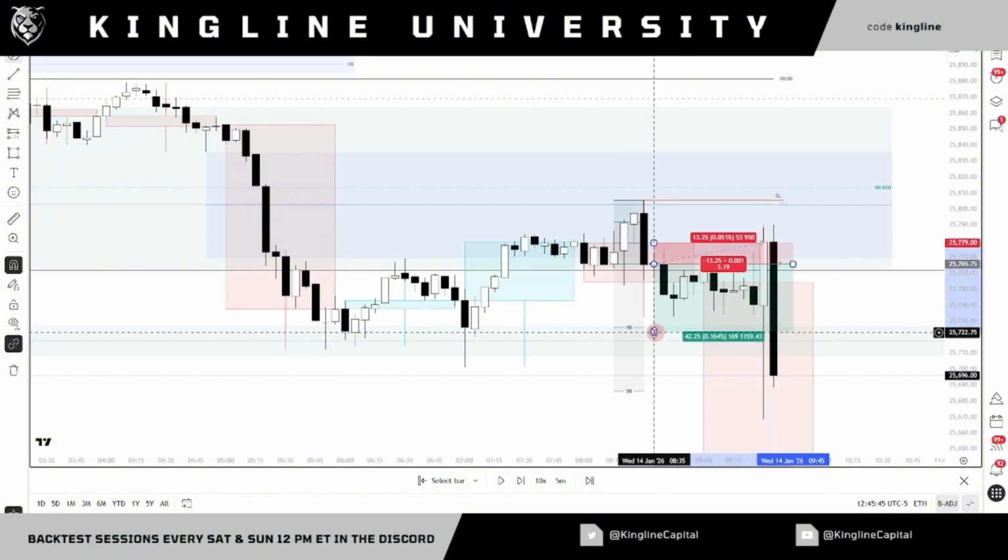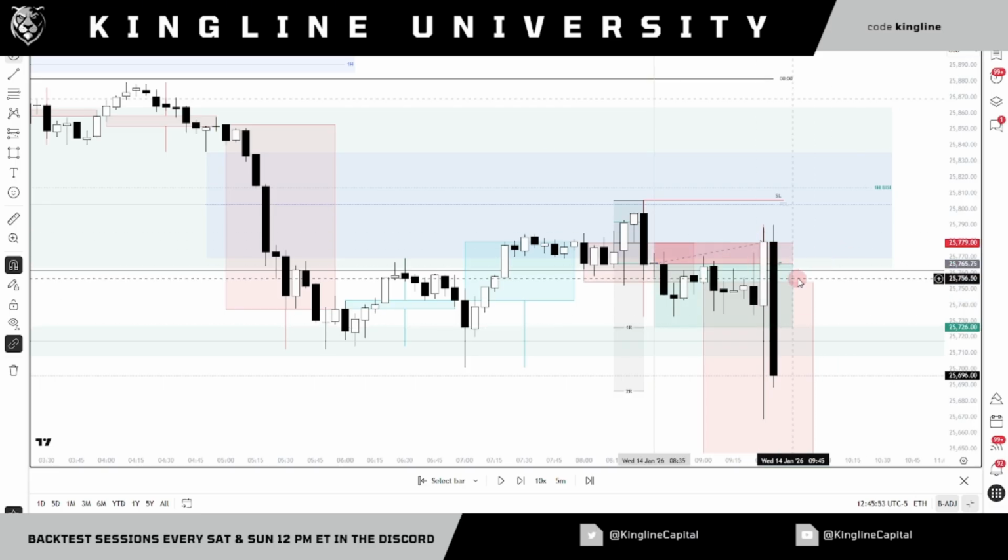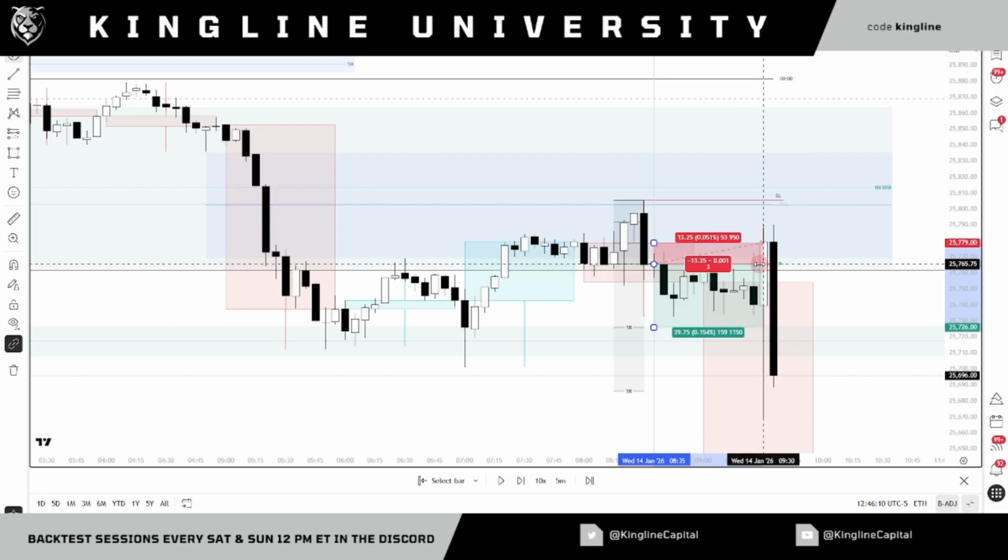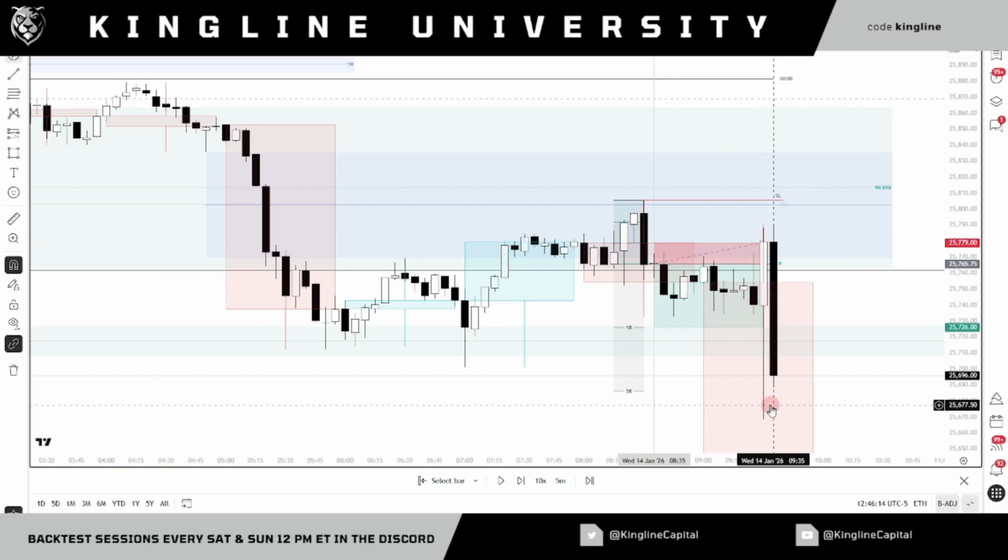So this is entry 1 to 1R. This is actually going to be hard to show on a 5-minute basis. I'm just going to leave it, because it shows on the 5-minute that we got stopped out, but we actually did hit TP first.